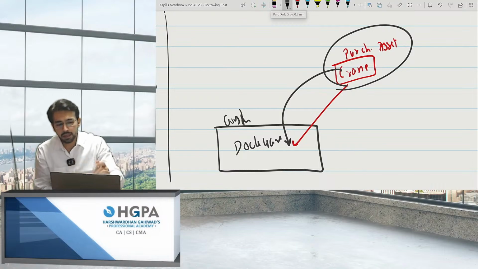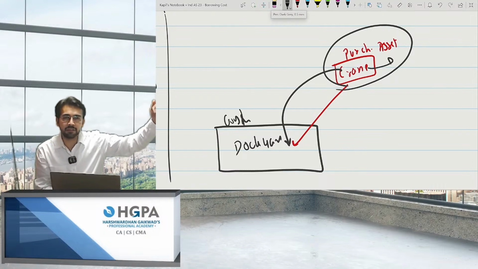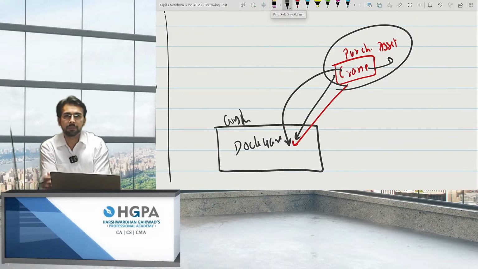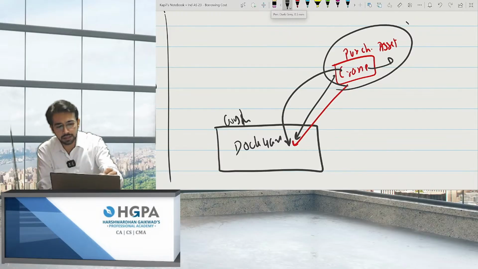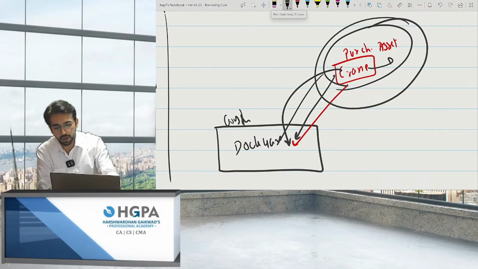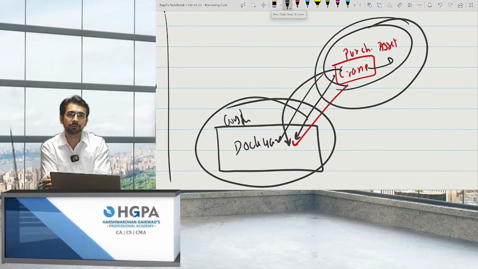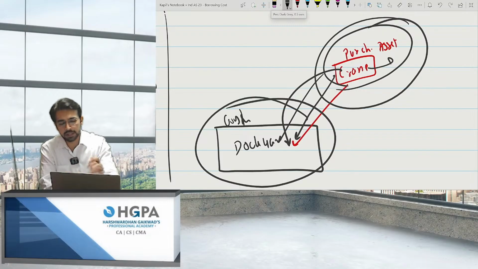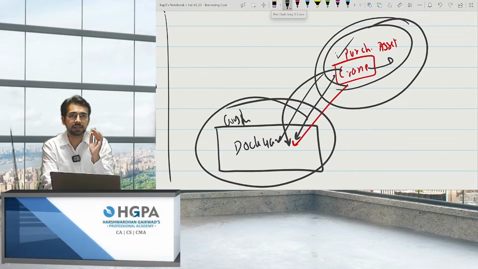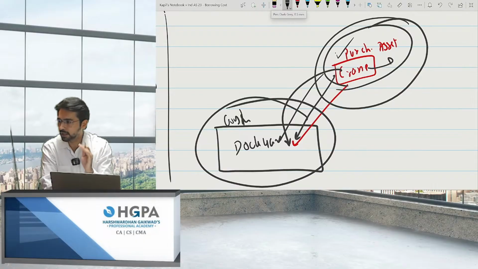So I will say this is not a standalone asset which I'll be able to use further. I'm using it for this only. That means I have utilized these funds for the construction purpose only. Since I have utilized these funds for construction, obviously it needs to be capitalized. So the interest cost will be capitalized. This is the point.